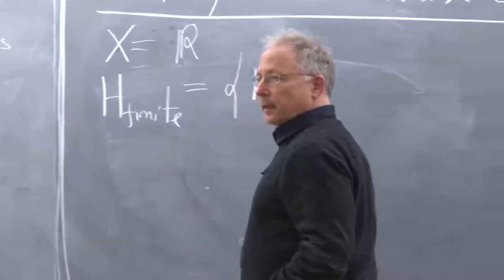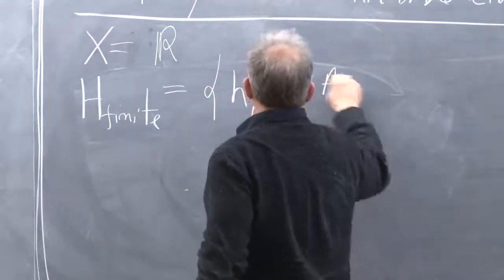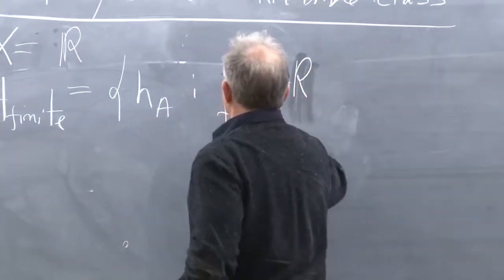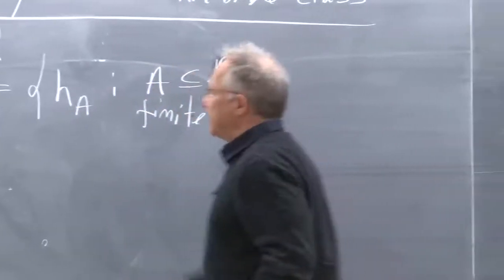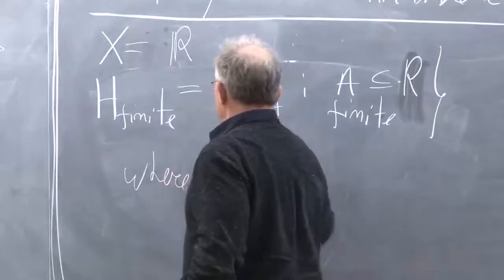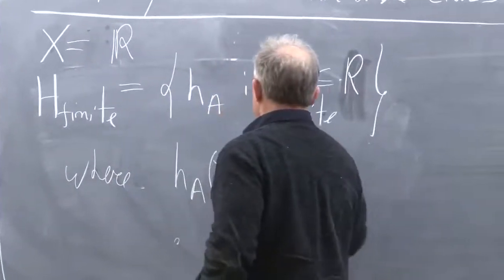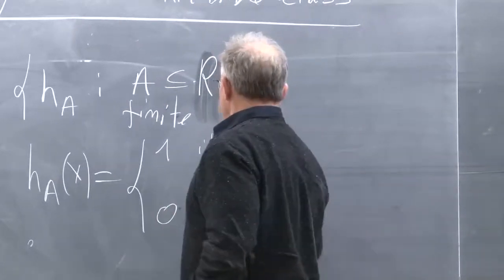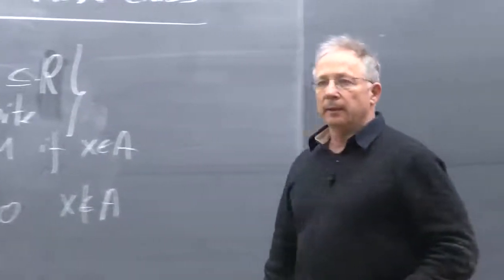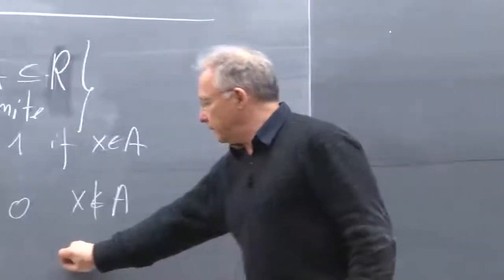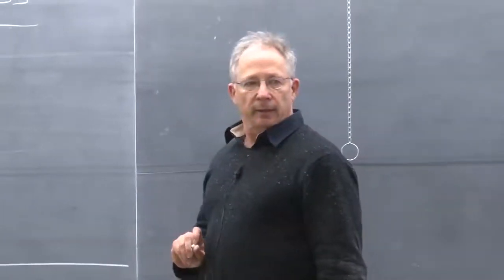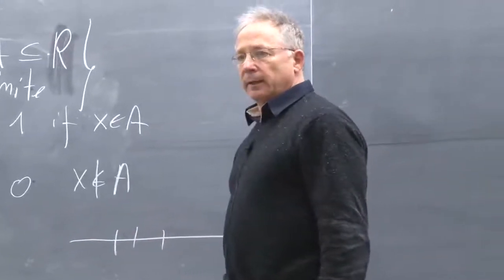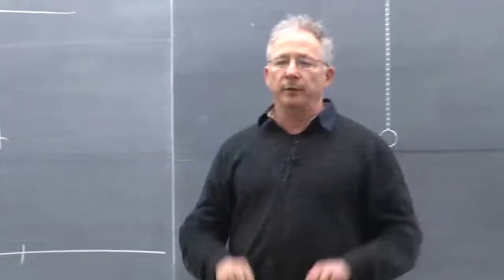Let me call them h_A, such that A is a finite subset of R, where h_A of x is 1 if x is in A, and 0 if x is not in A. So I look at the real line, that's my domain, and I consider the set of all classes that are 1 on a finite number of points and 0 everywhere else.